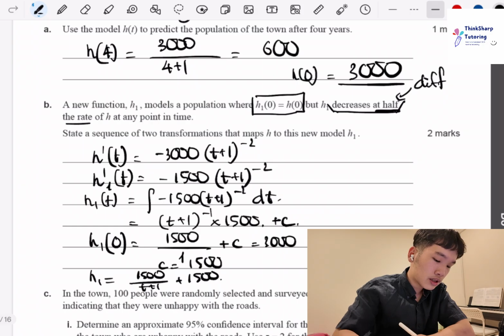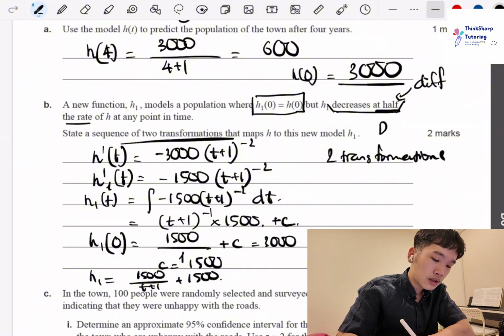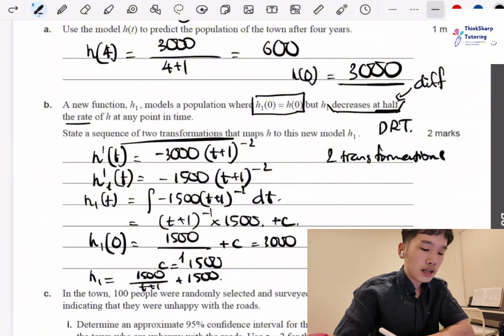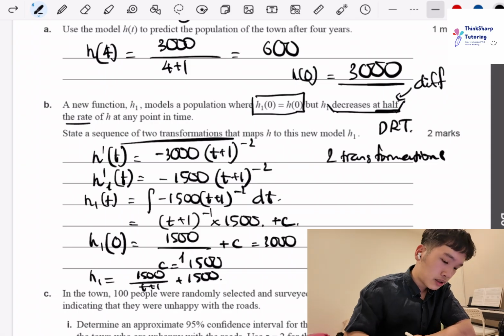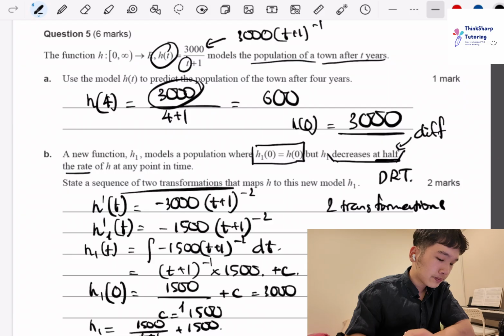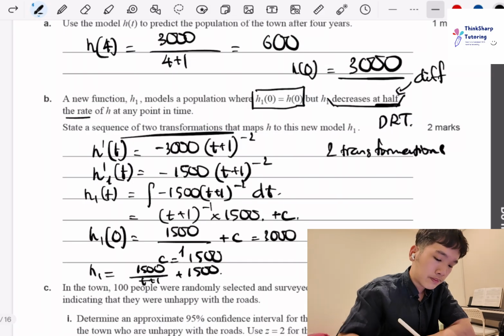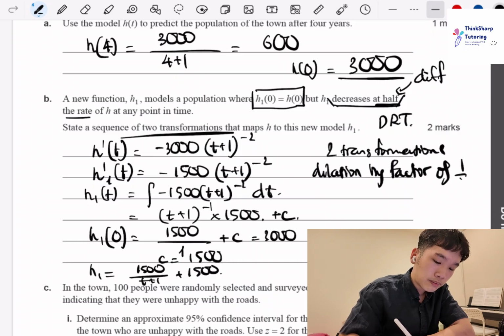So the two transformations would be, remember Dr. T: always dilation should go first, then reflection, and then translation. So first we look at 1500, and this was 3000. So that is obviously dilation by a factor of 1/2 from the x-axis.